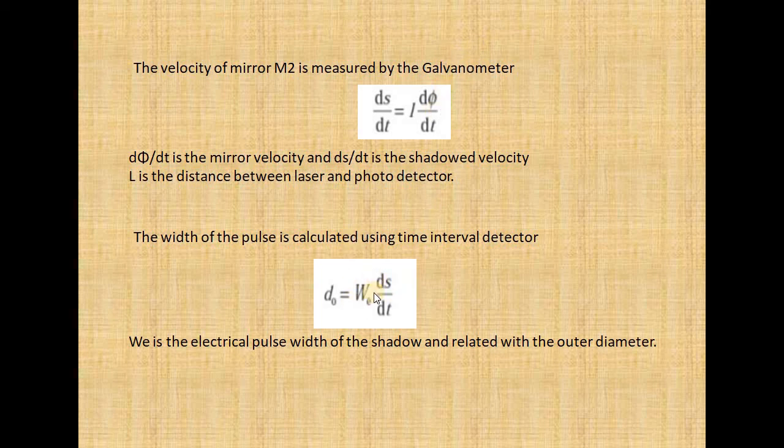This is the shadow velocity and this is the mirror velocity, and L is the distance between the laser and the photodetector. Instead of calculating the width of the shadowed signal, we relate it to the outer diameter. To calculate this outer diameter, we consider the shadowed signal and the width of this electrical pulse.